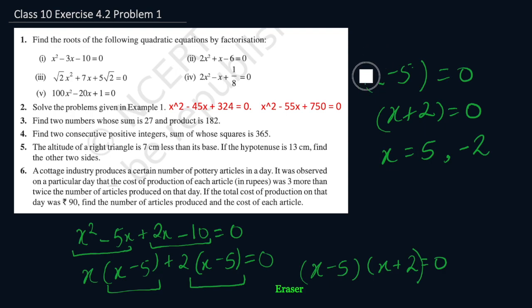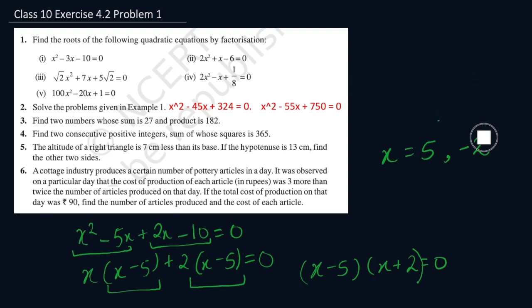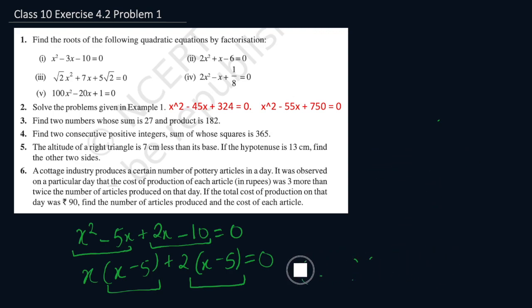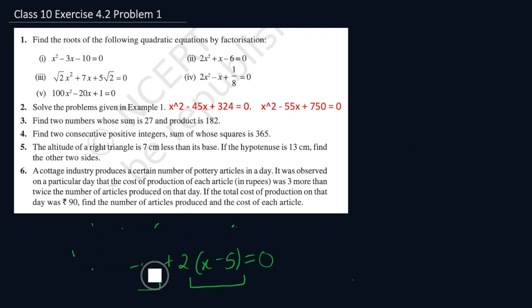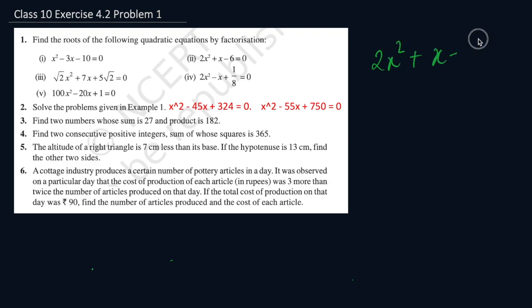Now let us see our second question. Our second question is 2x square plus x minus 6 equals to 0.